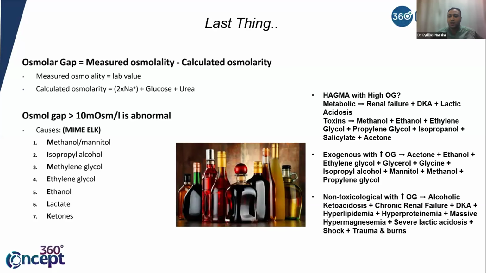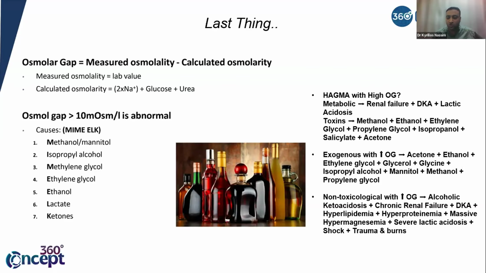You must say there are metabolic causes like blah blah blah, there are toxins like blah blah blah. Don't just say DKA, lactic acidosis, methanol. You must be systematic. And there is a question here also about exogenous substances related to increased osmolar gap.